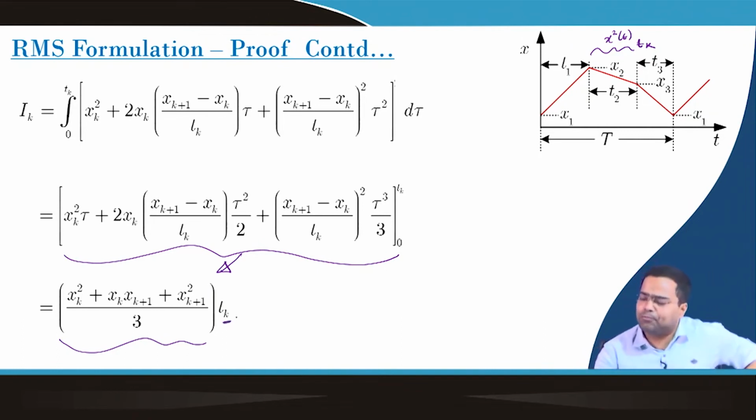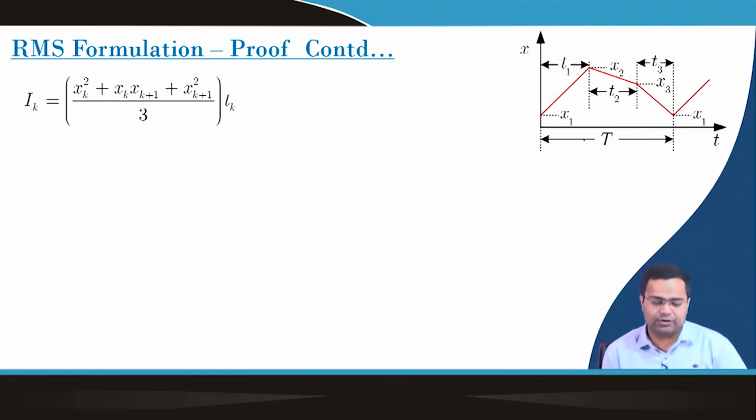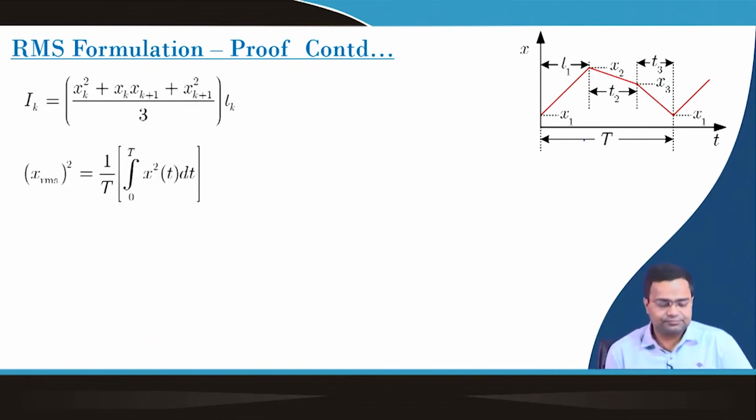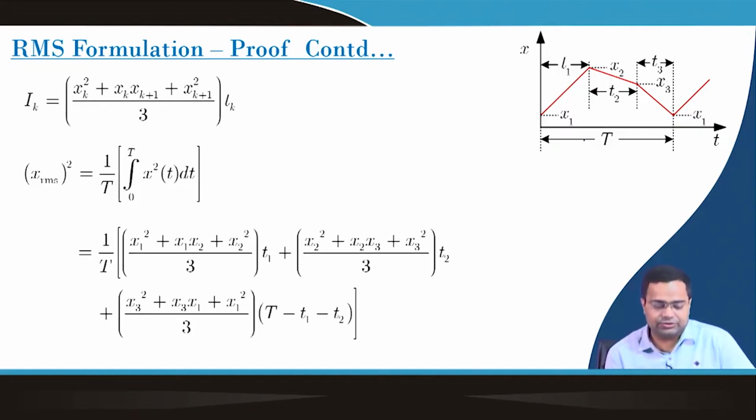And this we can compute for this interval also. So, I can calculate I3, I can calculate I2, this is my I1. So, this integral I can compute for different regions. Then the RMS current, which was our original expression, can be written as the sum of this integral.